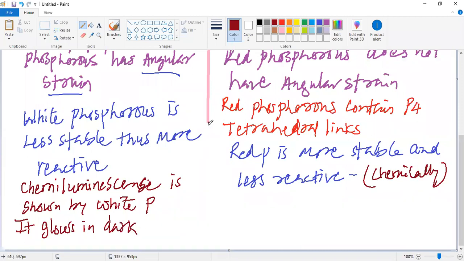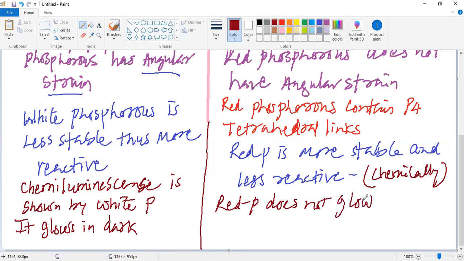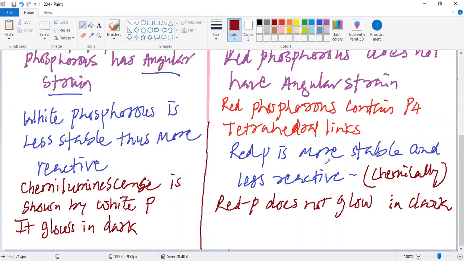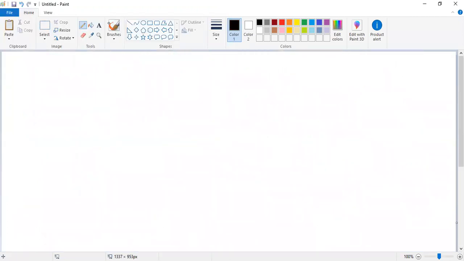But red phosphorus does not show any chemiluminescence, and thus red phosphorus does not glow in the dark, my dear students. This is what we understand about white phosphorus and red phosphorus.